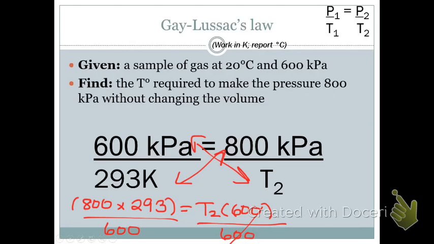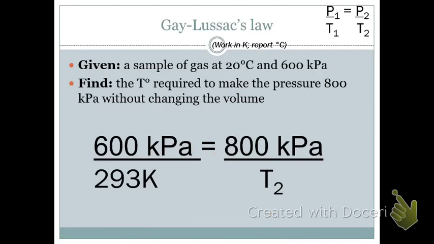Clear your calculator. Open parentheses, 800 times 293, close parentheses, divided by 600. That is going to give us our T2. Give me a second.